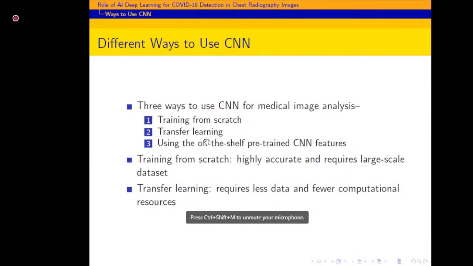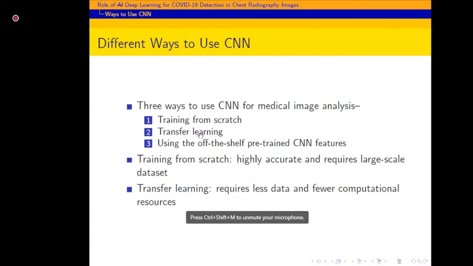Coming to the second strategy, we have transfer learning, which is very important. In transfer learning, we use a pre-trained convolutional neural network. Let's say I'm solving a brain tumor classification problem, a 5-class classification problem with only 5 classes.